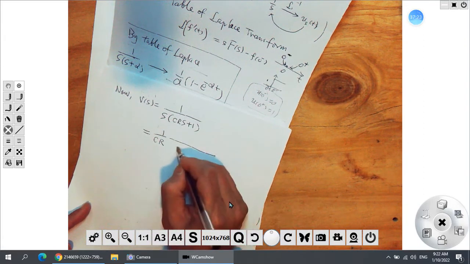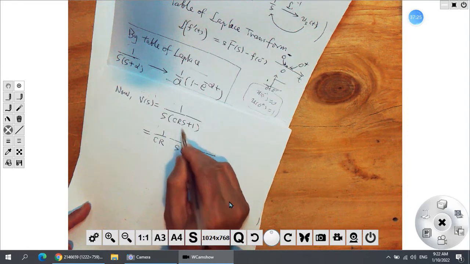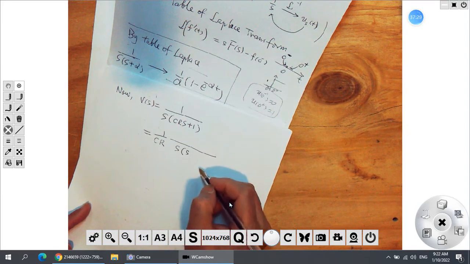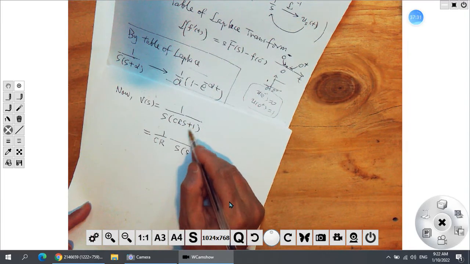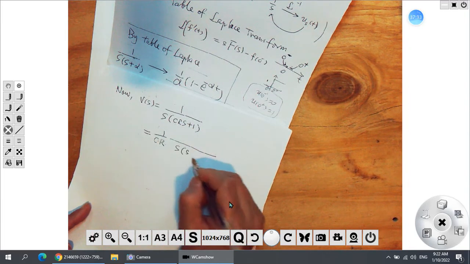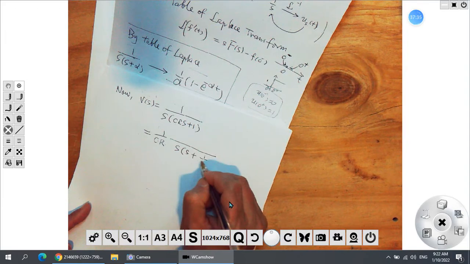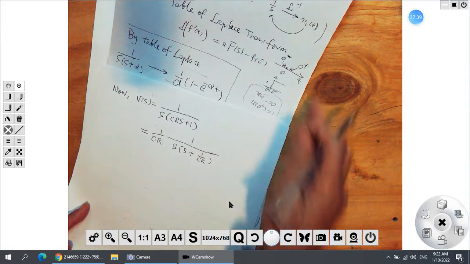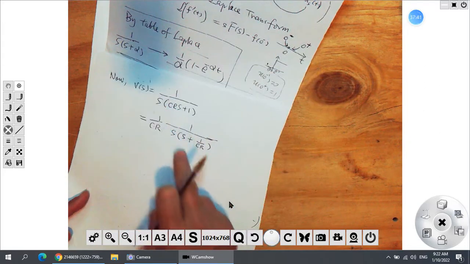And this is s, since CR is moved, so I already have s. And here is 1. After you remove CR, you need a 1 over CR here, right? Like this.